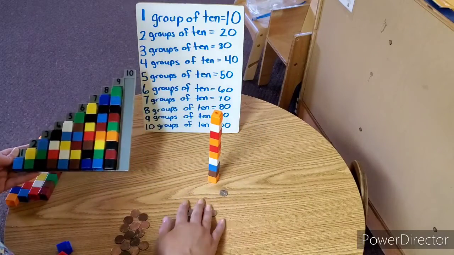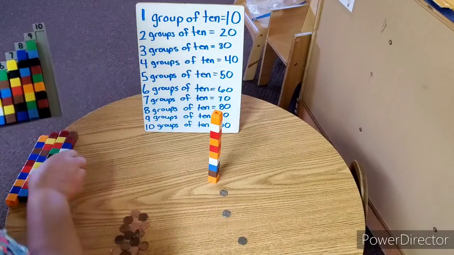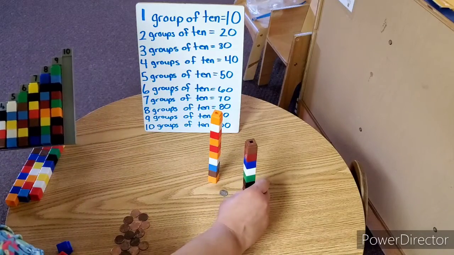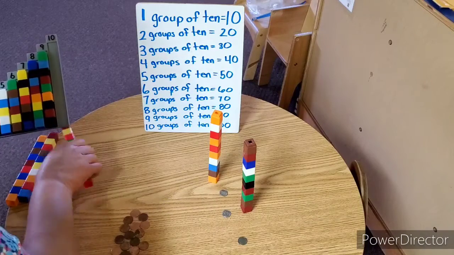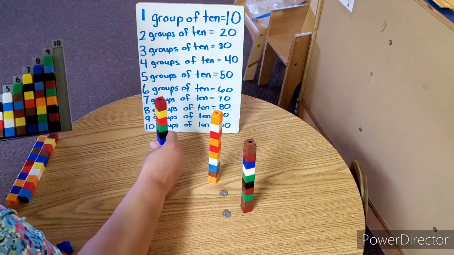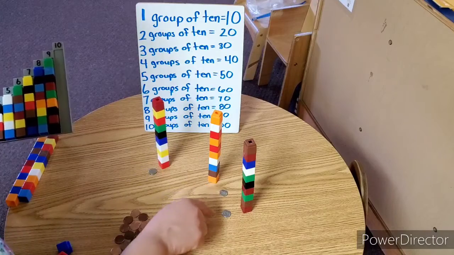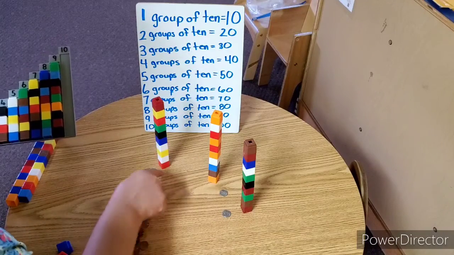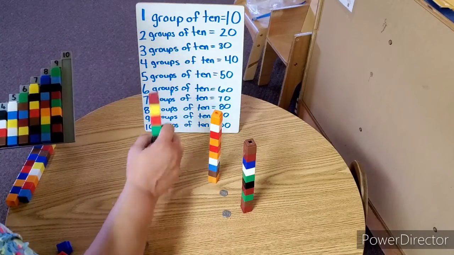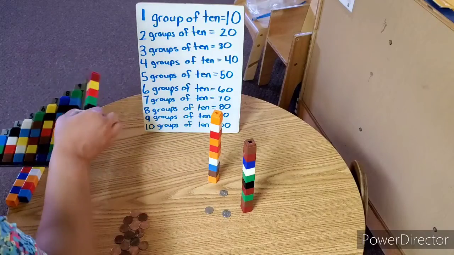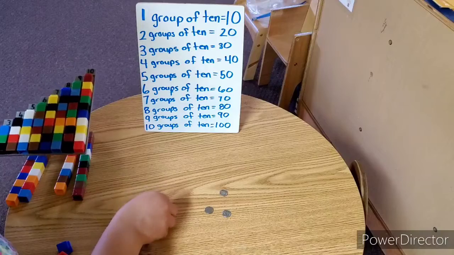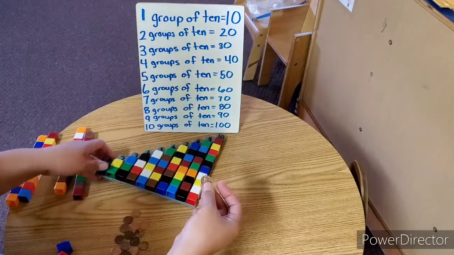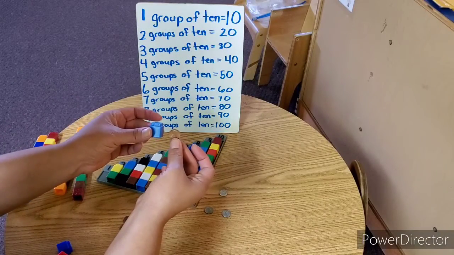A group of 10 is one dime. 2 dimes are 2 groups of 10, or 20. 3 dimes are 3 groups of 10, or 10, 20, 30. So your dimes will represent your groups of 10, and your pennies will represent ones.